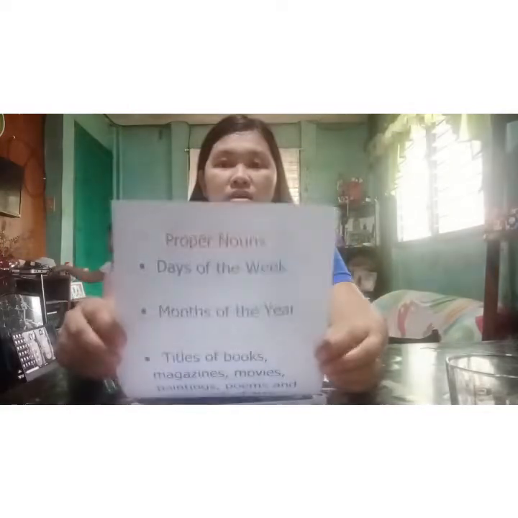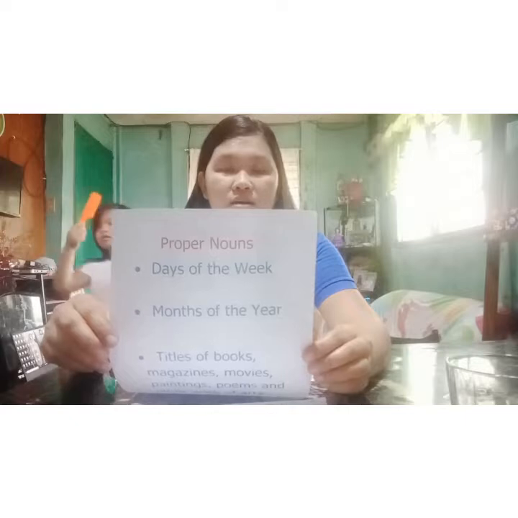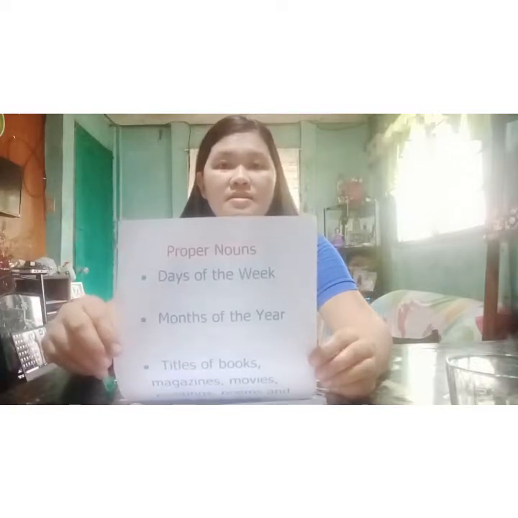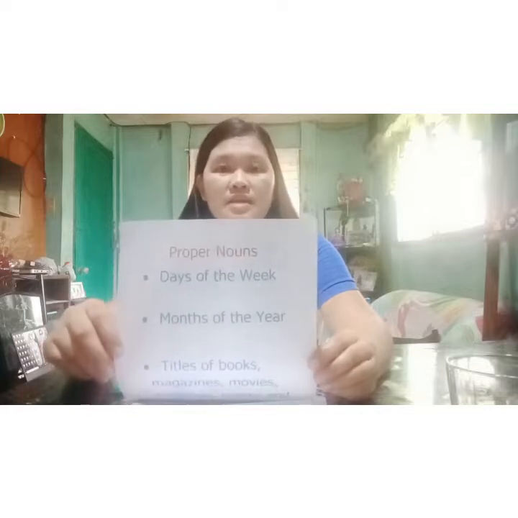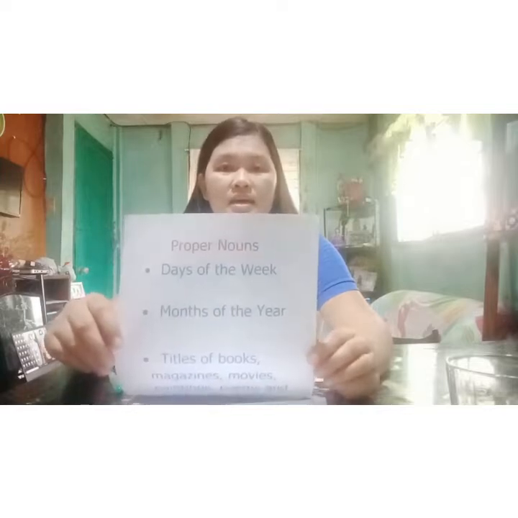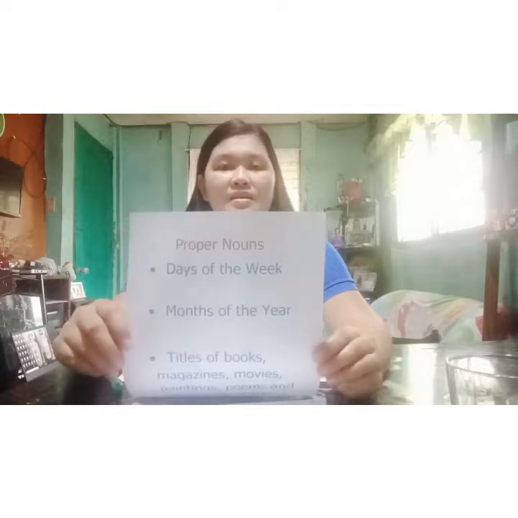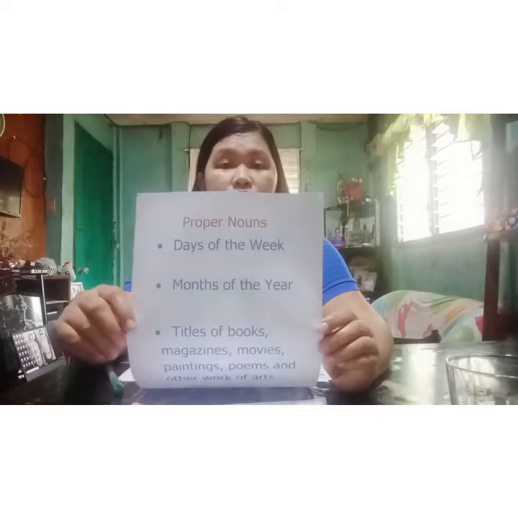Okay, so we have here the days of the week. There are 7 days of the week, which begins with Sunday, and the last day is Saturday. We have months of the year. How many months are there in a year? Next we also have titles of books.